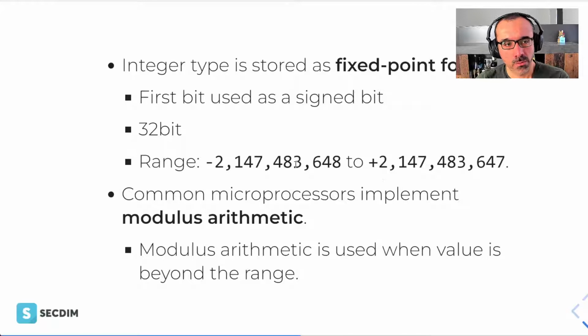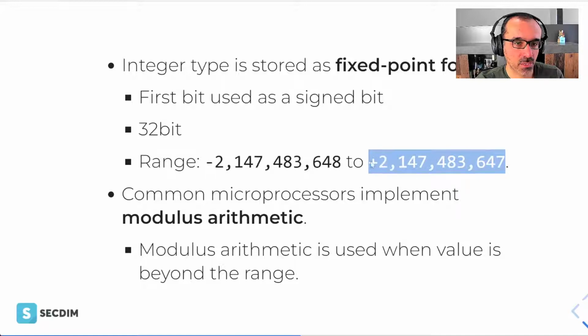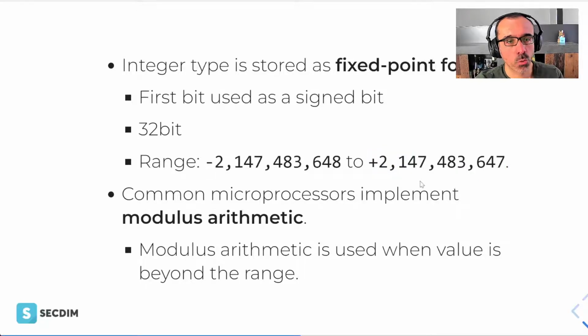That is reason number one. One thing I want you to pay attention to here is that the least significant digit in the minus range is 8, while the least significant digit in the plus range is 7. This is something I have often seen overlooked when doing range checks in our code.